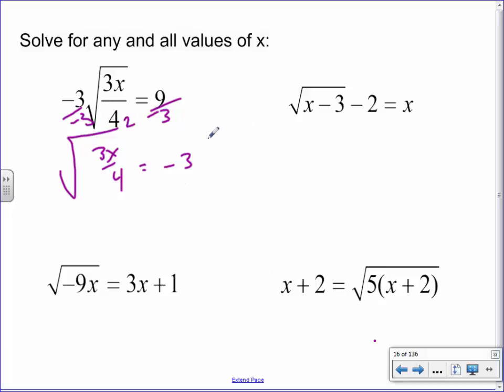If you square this side and this side, won't the square root go away? Which will just leave you with 3x over 4. And when you square the -3, be really careful: -3 squared is 9, not -9. Times up the 4, 3x equals 36. Divide by 3, x is 12. You guys remember doing this? This was last year's stuff, but it could come up.